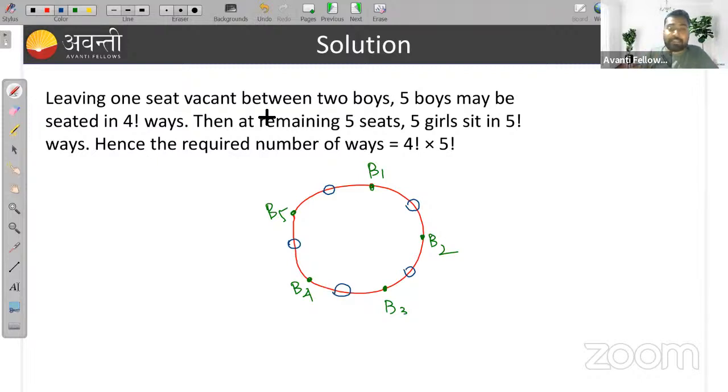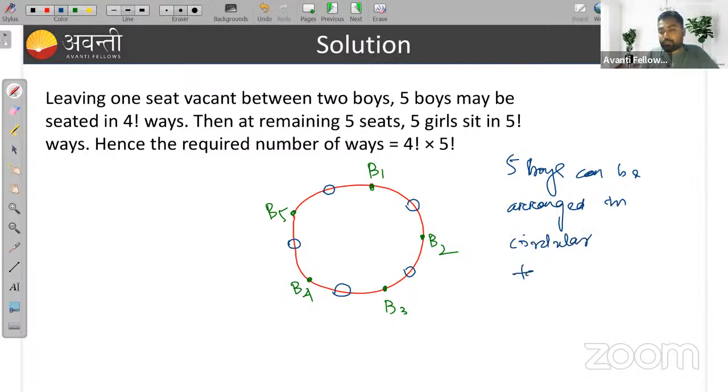So first, 5 boys can be arranged in a circular table. We know n objects can be arranged in a circular table taken all at a time in (n minus 1) factorial ways.